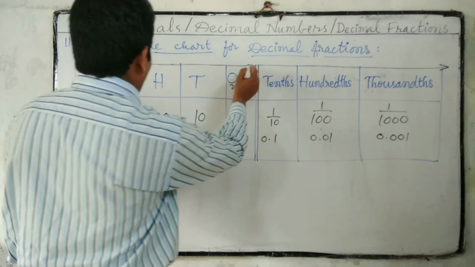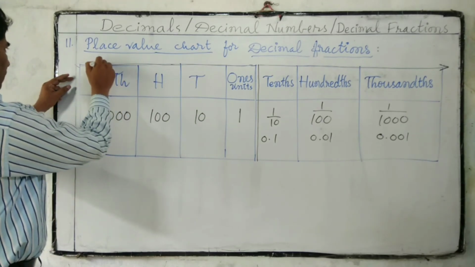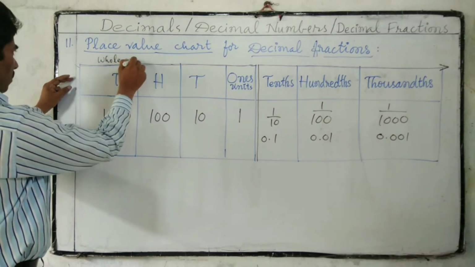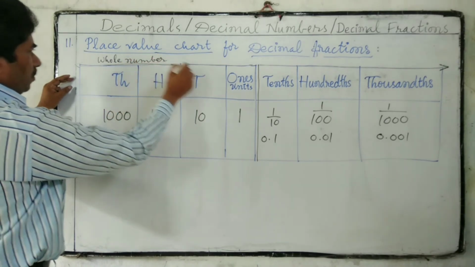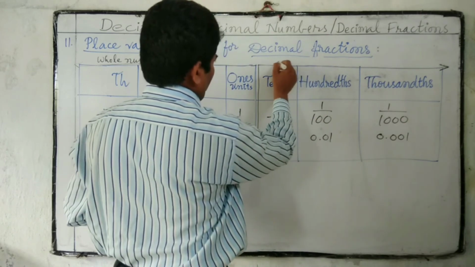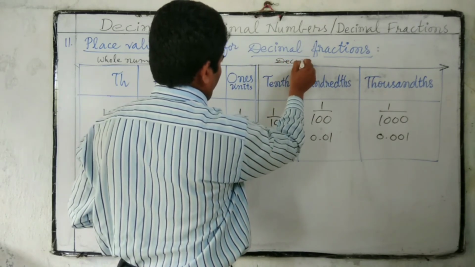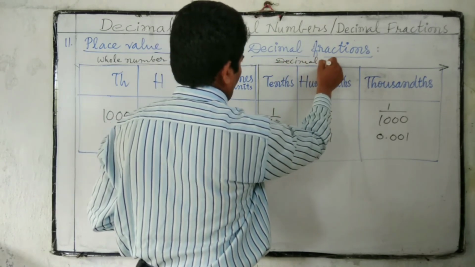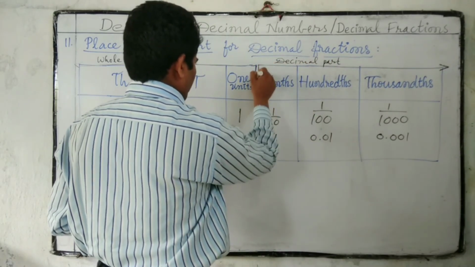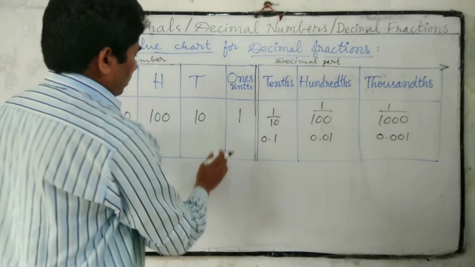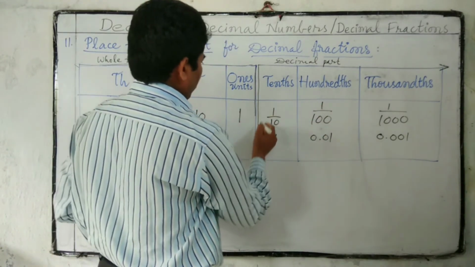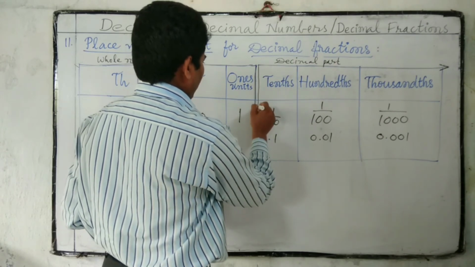This is a whole number part. This side is decimal part. Between whole number part and decimal part, we have decimal point.